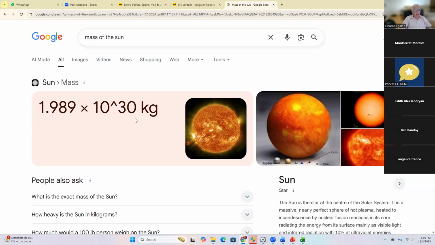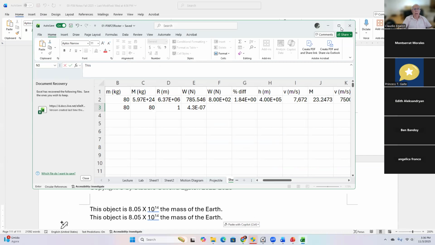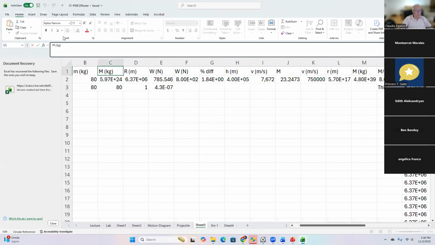So that looks like a black hole to me, a supermassive black hole. Let's see. This object is, let me go back to my, here is the, I'm going to emphasize that what we have here is the mass of the Earth.